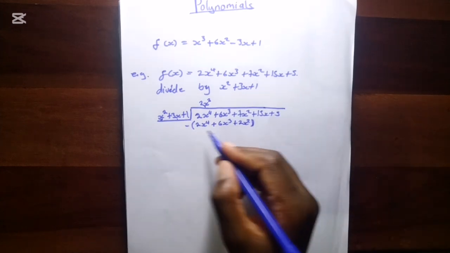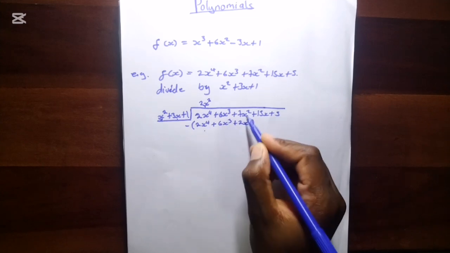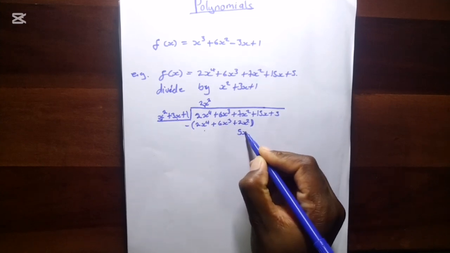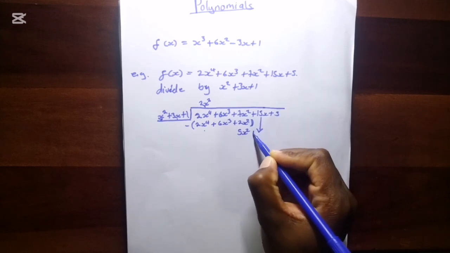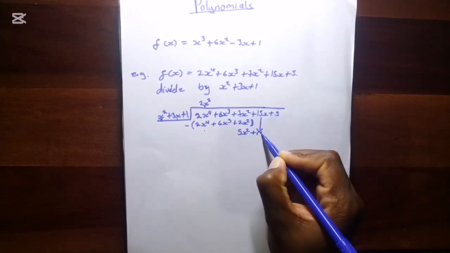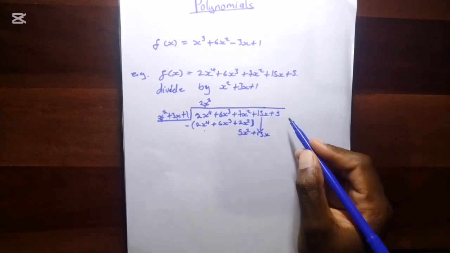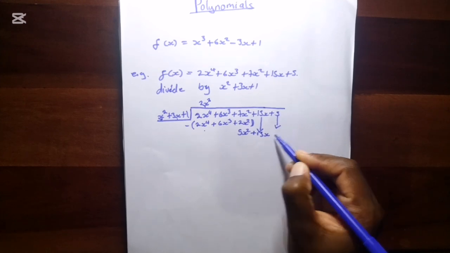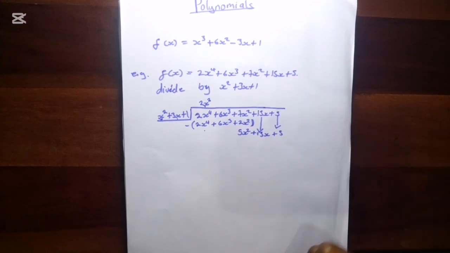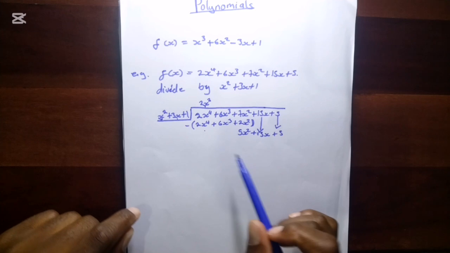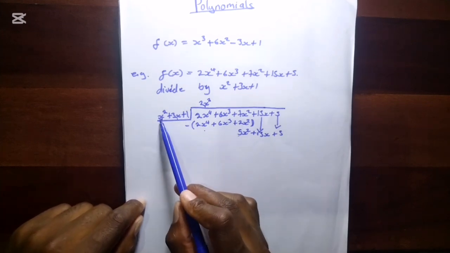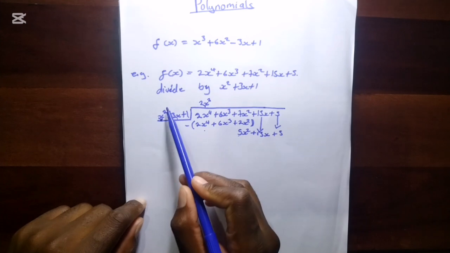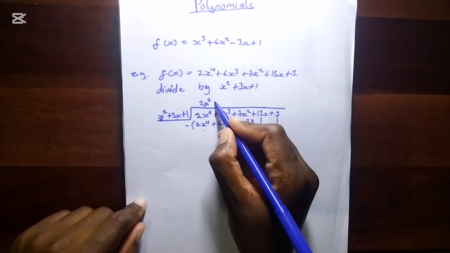Okay, so this is going to give us 5x squared, and then we bring down the 15x, plus 15x, and we bring down the positive 5, plus 5. And then again we divide 5x squared by x squared.